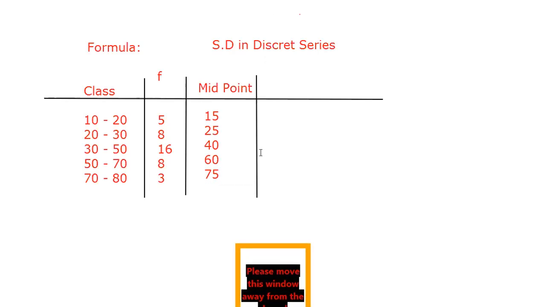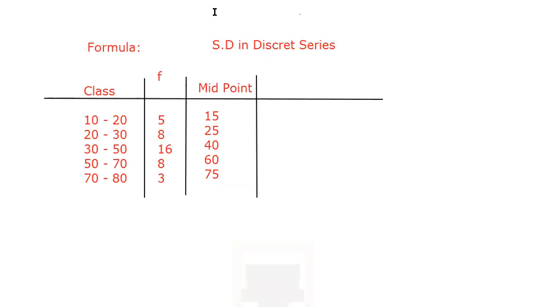I hope you all remember the formula. Our formula is sigma fx squared by sigma f minus sigma fx by sigma f, the whole square. So the very first step is to find x square.